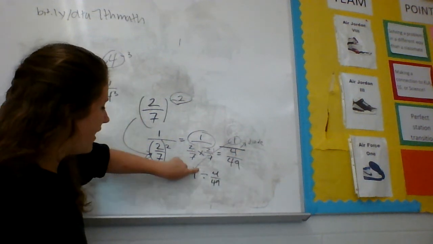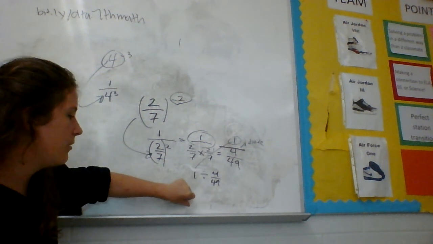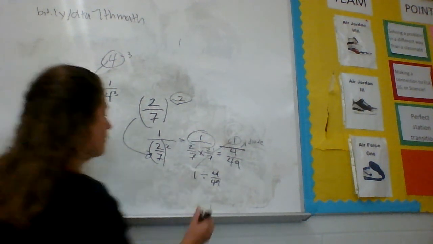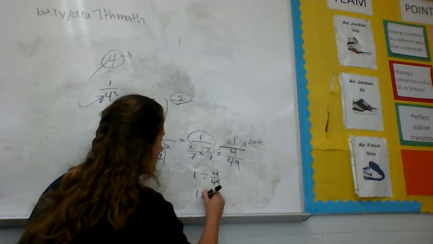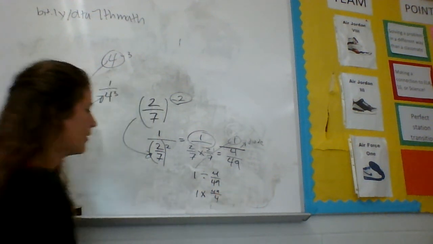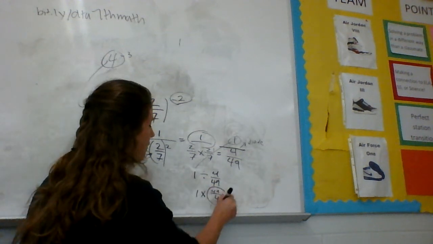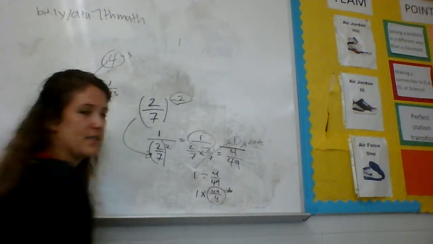Now, when I am dividing fractions, I can divide by a fraction by doing keep, multiply, and flip. So I'm going to do 1 times, and flip, 49/4. Well, 1 times anything is just our second number, so 49/4 is the answer.